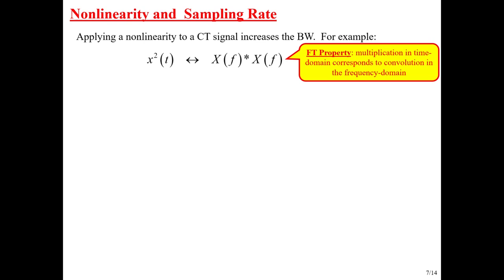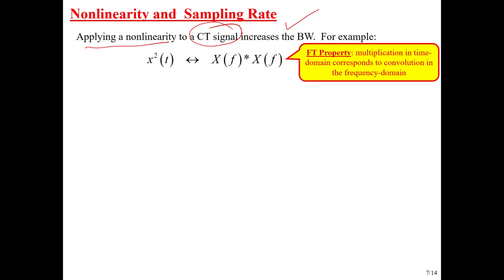And pretty much any linear system is not going to be able to really create extra frequency components that would cause problems with keeping the sampling rate the same. But let's look at nonlinearity. So first, let's see what happens in the continuous world. So we're going to apply a nonlinearity to a continuous time signal, and I claim that it increases the bandwidth.